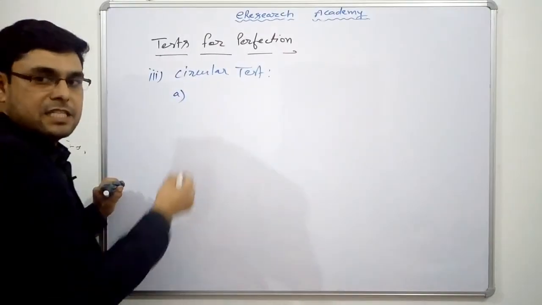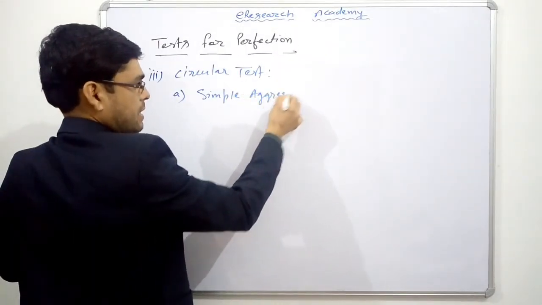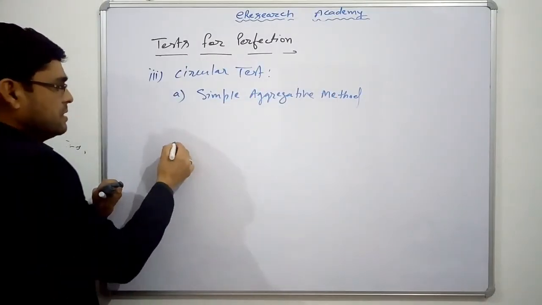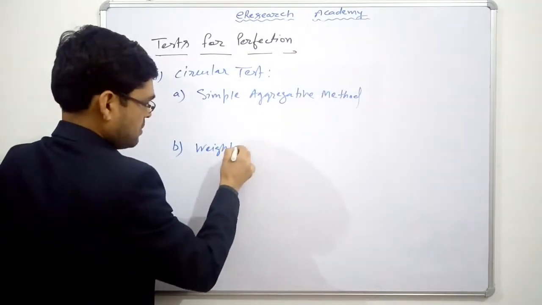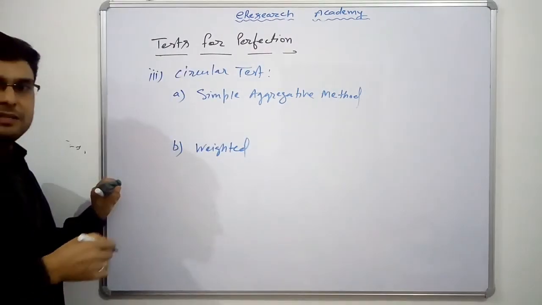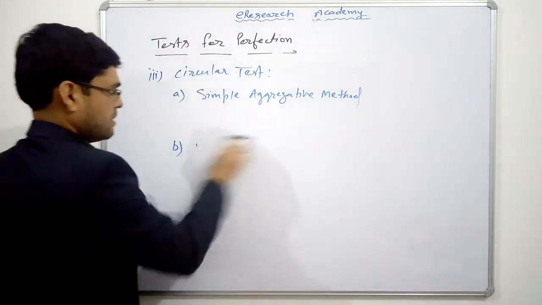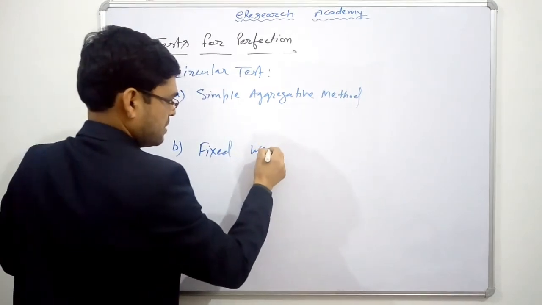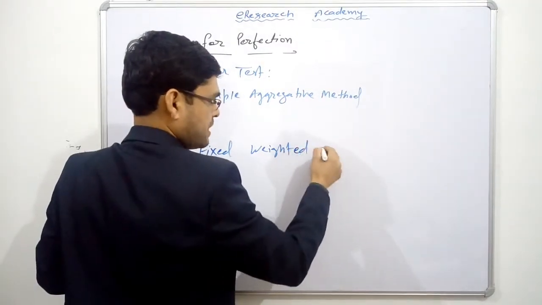Number one is the simple aggregative method, and the second one is the fixed weighted aggregative method.